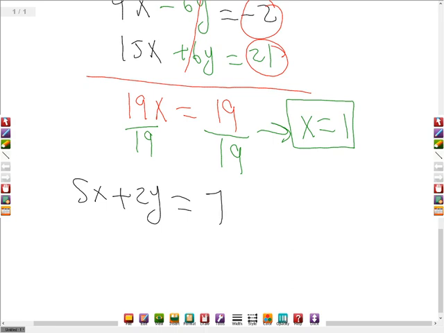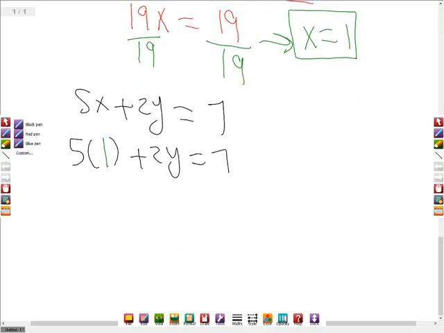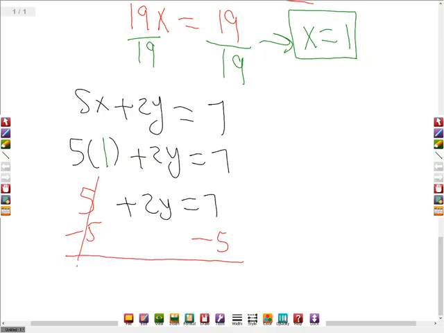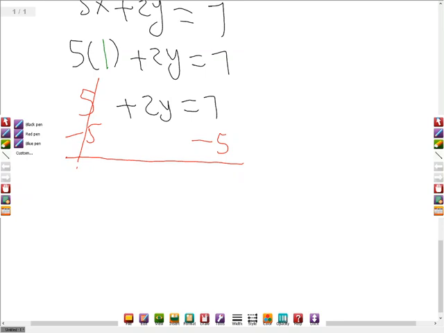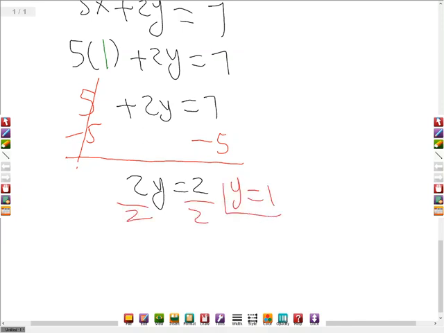Now change x to be 1. 5 times 1 is 5, plus 2y equals 7. Minus 5 from both sides, 5 minus 5 cancels. Now we have 2y equals 2. Divide by 2, y equals 1. Then I have x and y. My solution is an ordered pair, (1, 1).